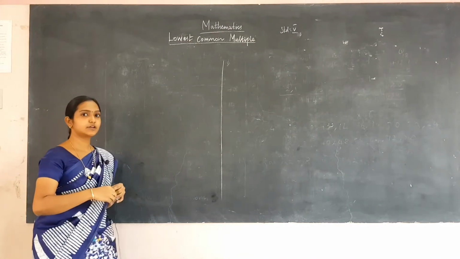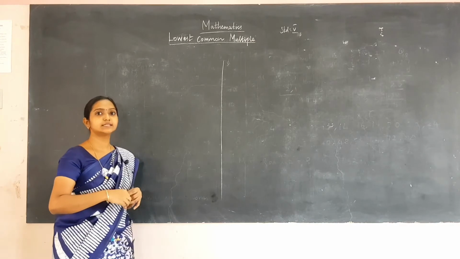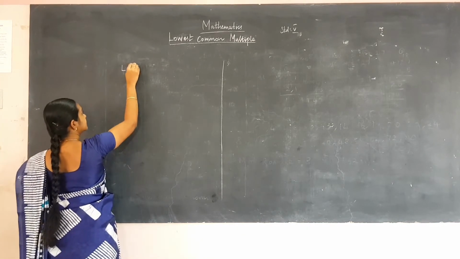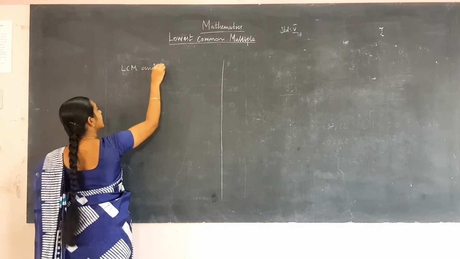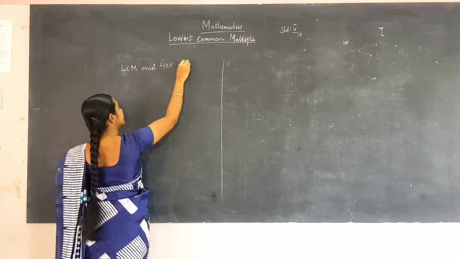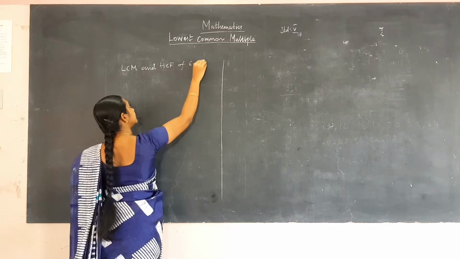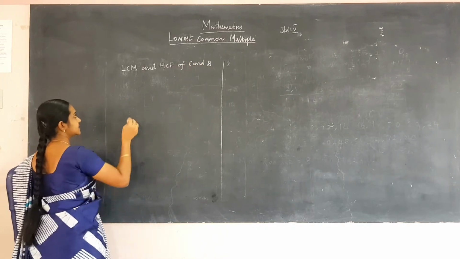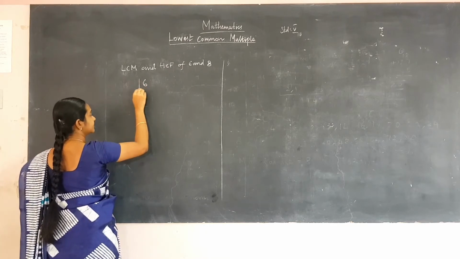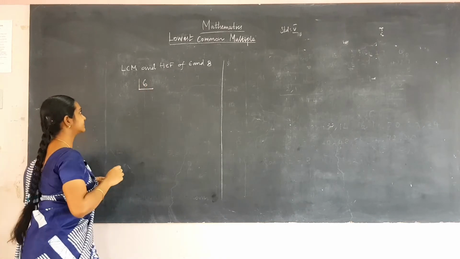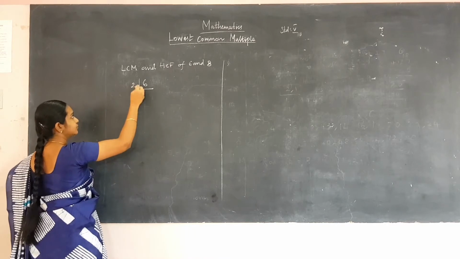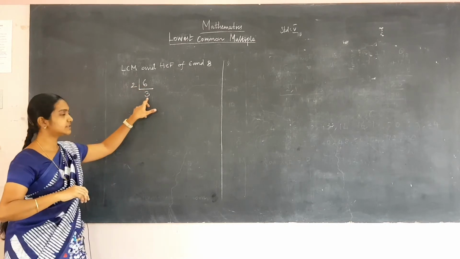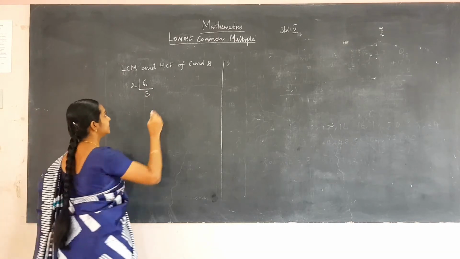Next we are going to learn about the relationship between LCM and HCF. Let us find the LCM and HCF of 6 and 8. First let us find the HCF of 6 and 8. Divide it with the number 2, we will get 3. Let us stop with this because 3 itself is a prime number.